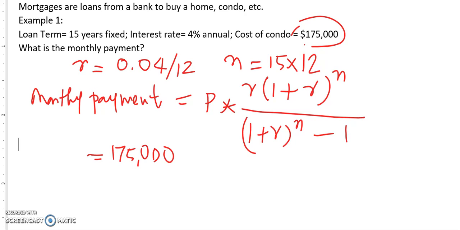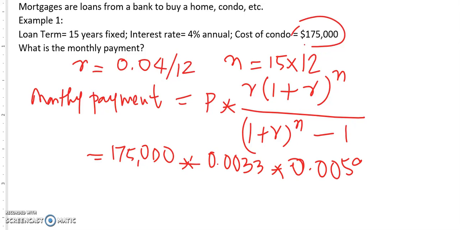Now if we do this, we need to round off all these numbers. Rounding off these numbers, this is what I get. You might get a slightly different value, depending on how you round off. For R, I get 0.0033, rounded off, multiplied by (1 plus R) to the power n. I get 0.00597.